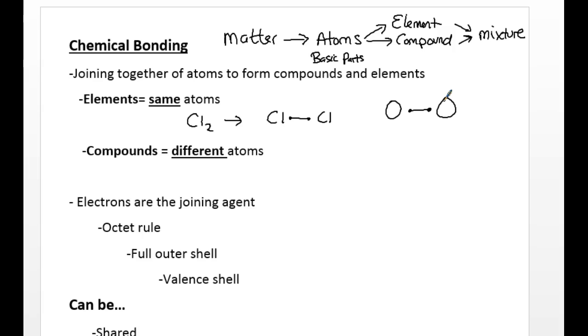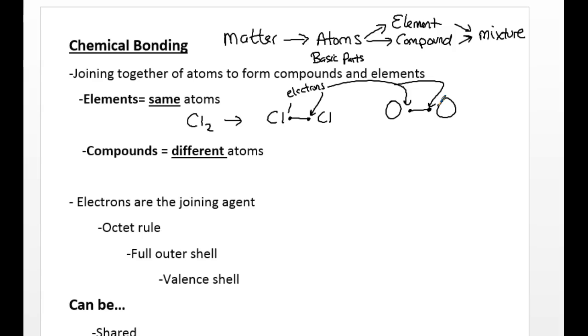And these are showing covalent bonds actually, and we're going to talk about that in a minute, but usually these circles represent electrons. And when we see them written this way, and we see them written with a line between them, they're sharing, they're covalent.